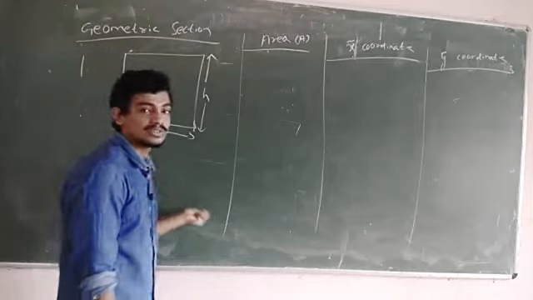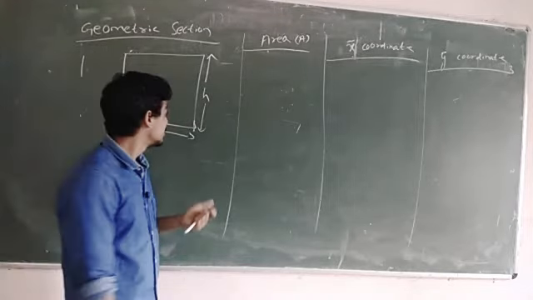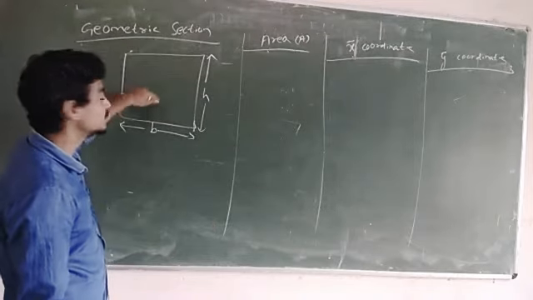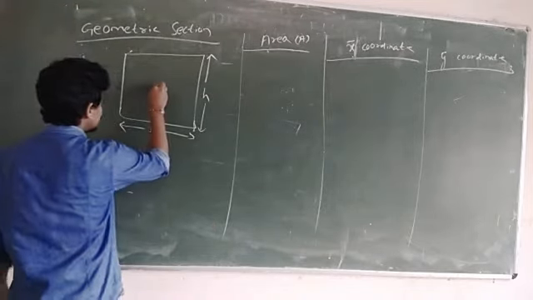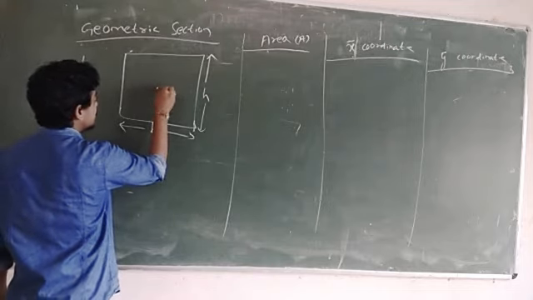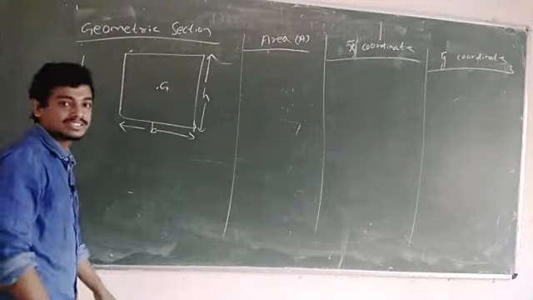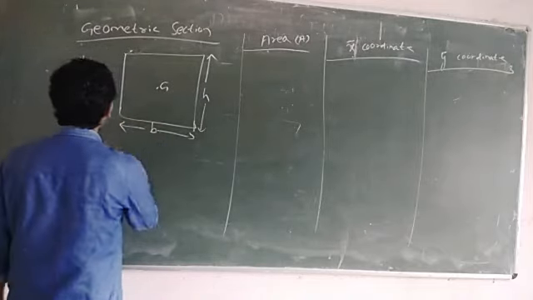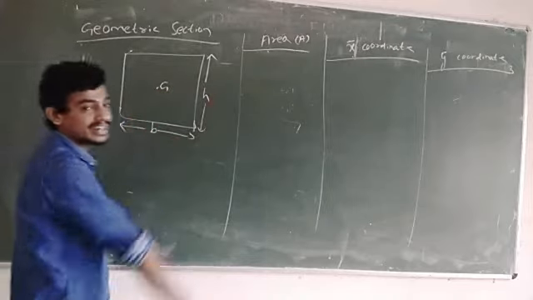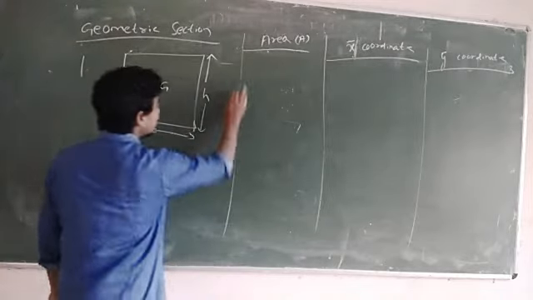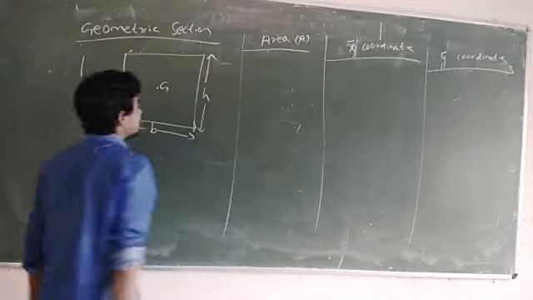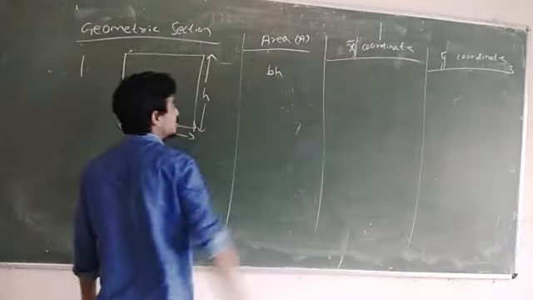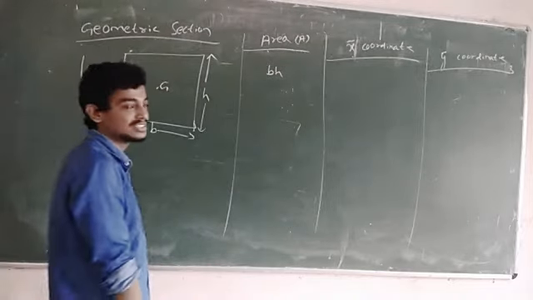Center of gravity means something which has mass, but centroid is used for a 2D geometrical figure. Suppose our centroid lies at this point, which I denote as capital G. Now I have to calculate x bar and y bar. Before that I write the area. You know the area of a rectangle is the multiplication of width and depth, so I write b h.